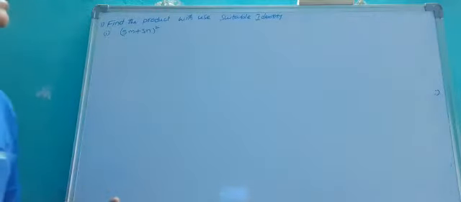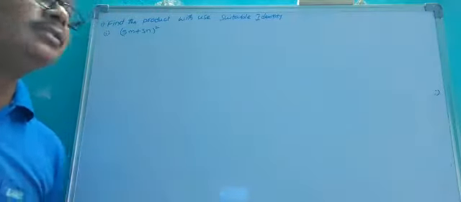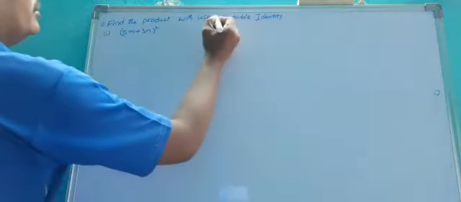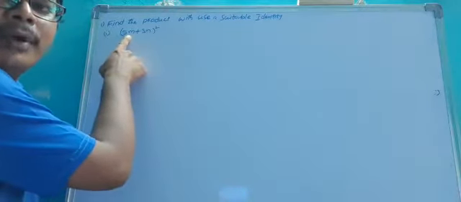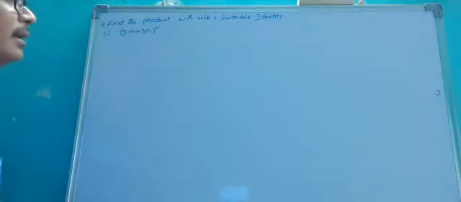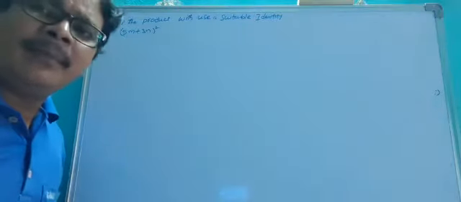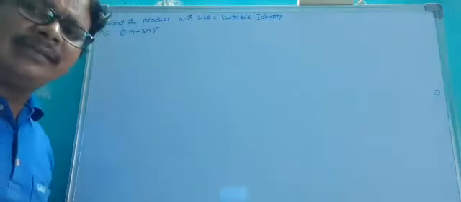Find the product using a suitable identity. You observe this is in the form of (a + b) whole square. Here a equals 5m and b equals 3n. Yes or no?